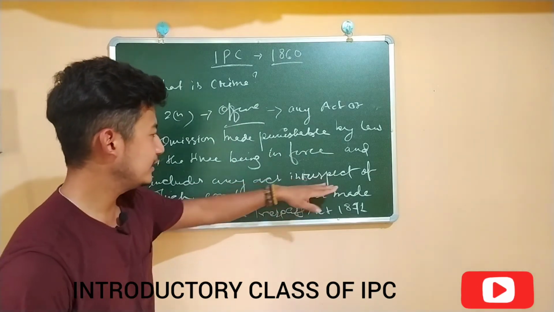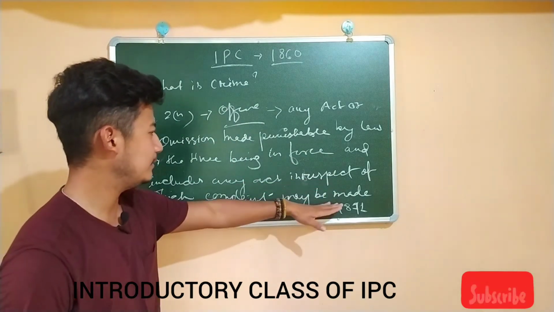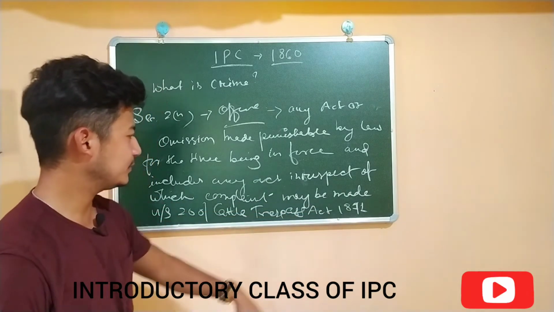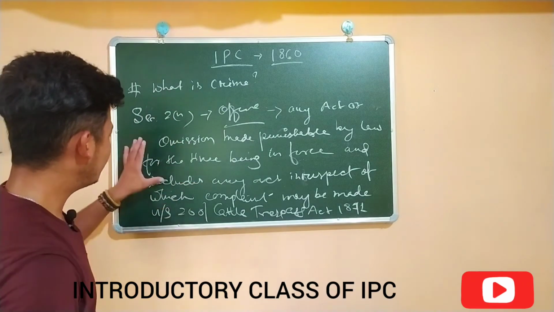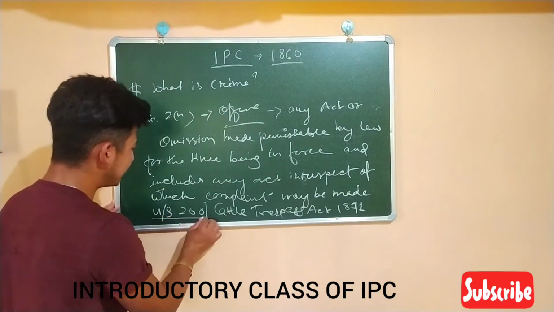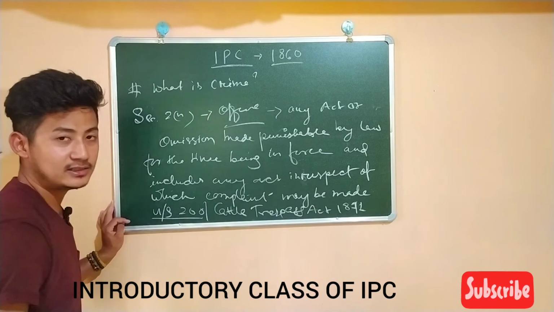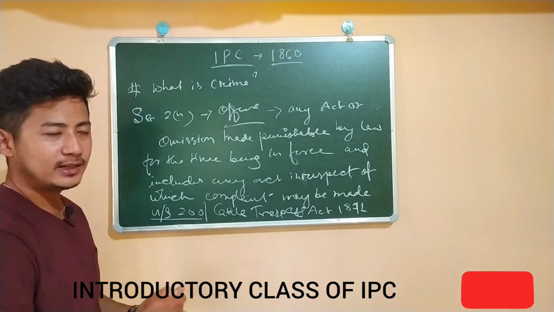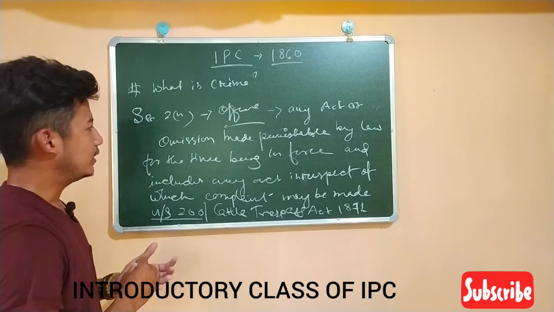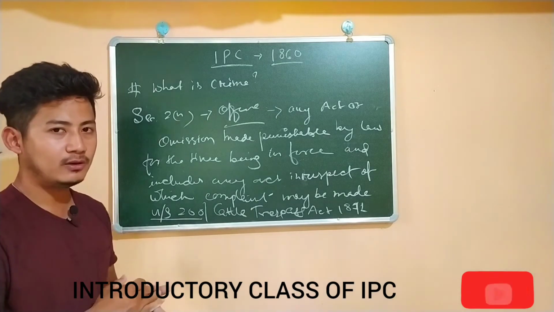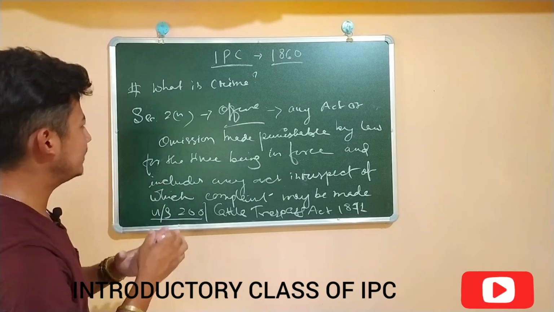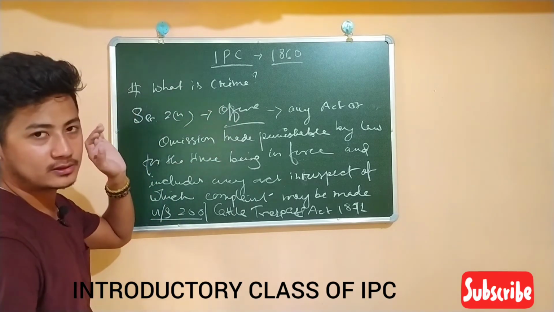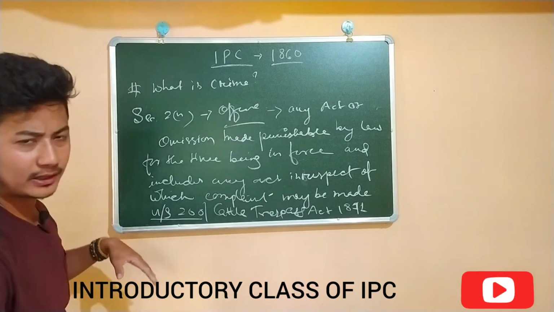It includes any act in respect of which a complaint may be made under section 20 of the Cattle Trespass Act, 1871. So any act created by the parliament which makes certain acts punishable will be counted as an offense.